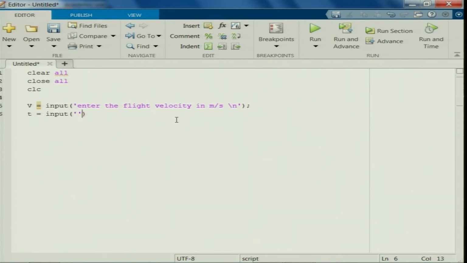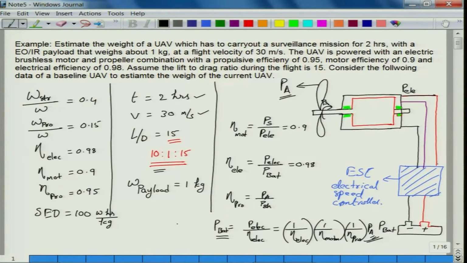So, the total time of flight in hours. After considering these two as input, from the given data, the weight of the baseline aircraft is also given here, which I forgot to mention, as 4 kg.